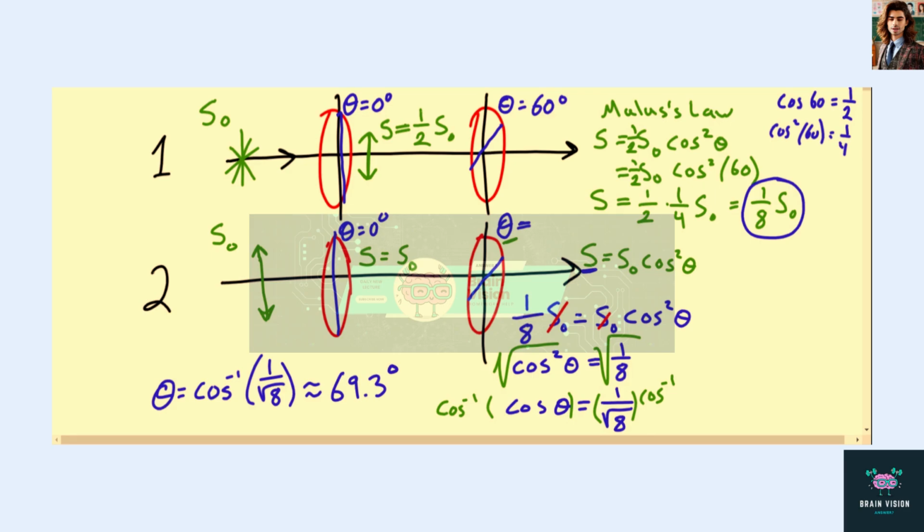So now our question is asking how many additional degrees does the second analyzer have to be rotated? Well, when we compare that to the first one, 60 degrees and 69.3 degrees, we're going from 60 degrees to 69.3 degrees. The additional degrees that need to be rotated, additional rotation of 9.3 degrees.